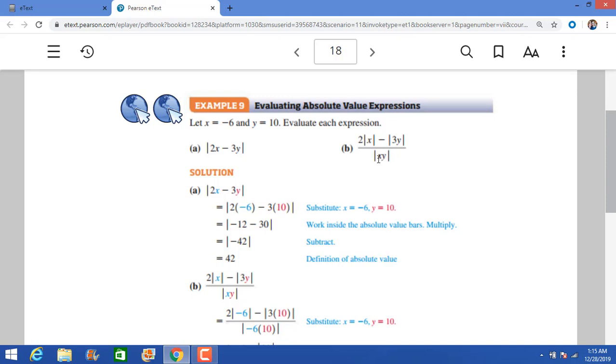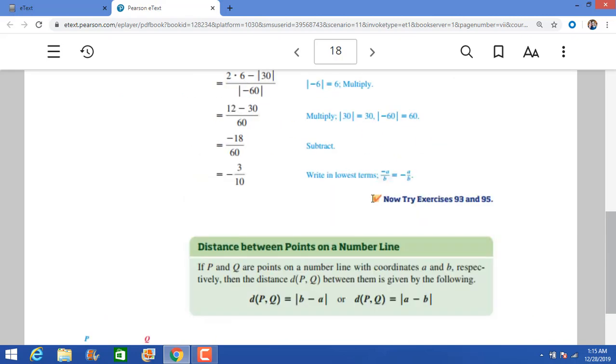Now here we get -6 times 10, which is -60, which gives us +60, okay? And so what do we get on the top? We got -18 over 60, which gives us -3/10.